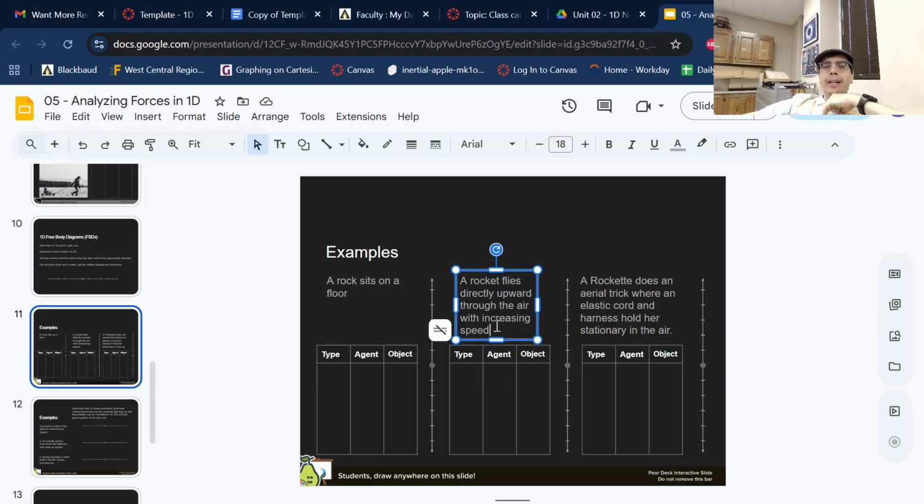But since we're increasing speed, the total number of boxes up, tick marks up, needs to be more than the total down. So I think in this period, we did 6 tick marks up for the applied force and 2 for the weight and 3 down for the drag. The actual numbers don't matter. What matters is that 6 was bigger than the 2 plus 3 pointing downward.